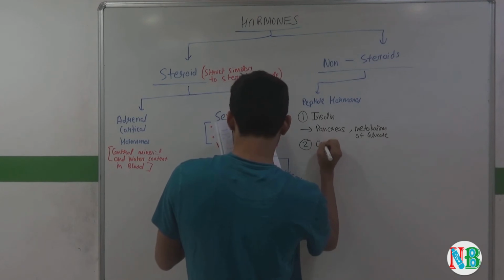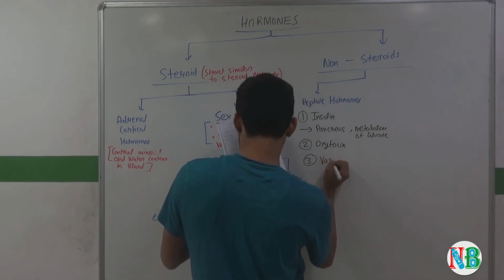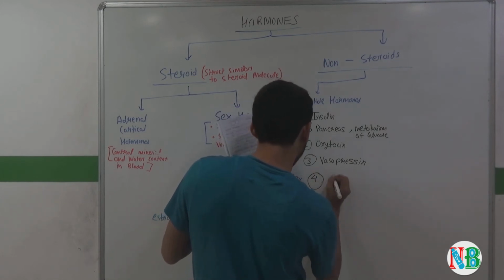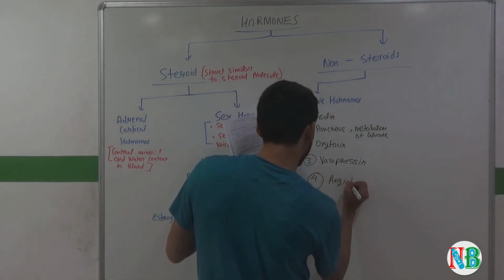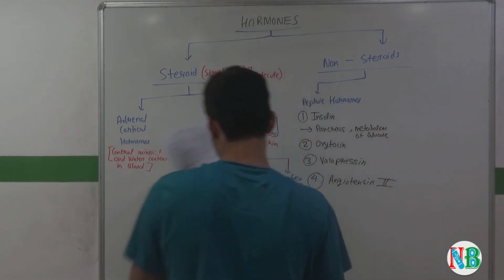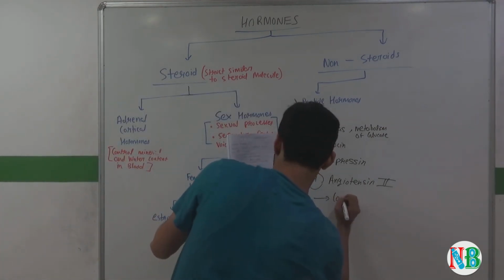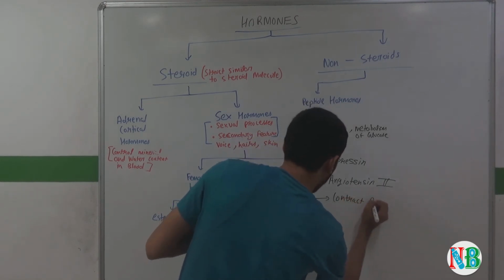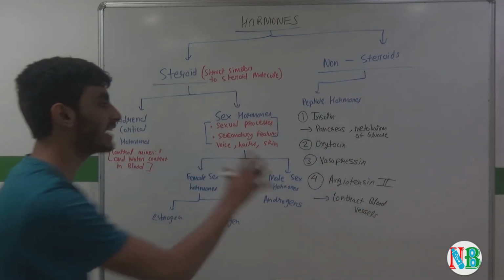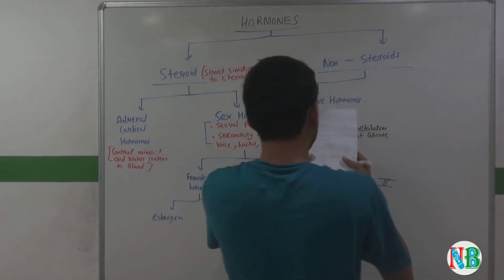The second is oxytocin. The third is vasopressin. And the fourth is angiotensin 2. These are used to contract your blood vessels. So these are 4 hormones which lie under the section of peptide hormones.